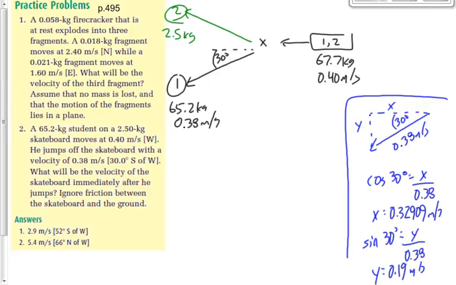Let's go do what we do now. The x component, m1, let's go pi equals pf. m1 v1i plus m2 v2i equals, oh wait, what did I just do wrong? General awareness, right?